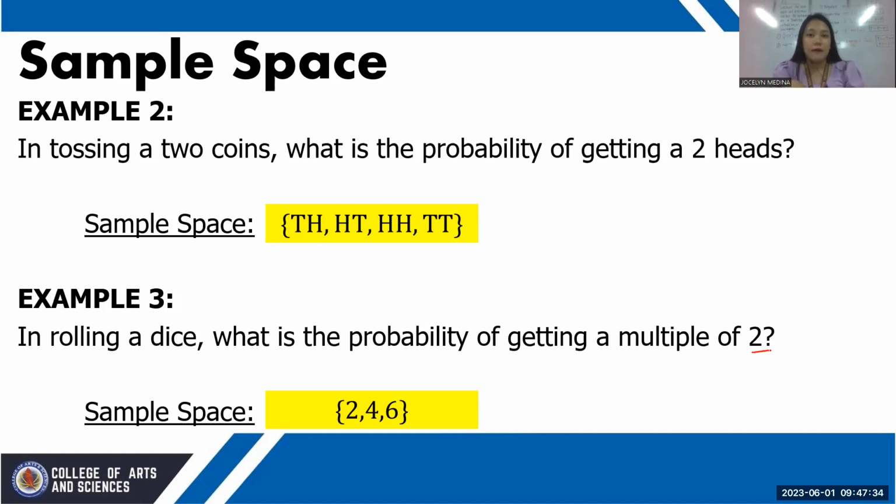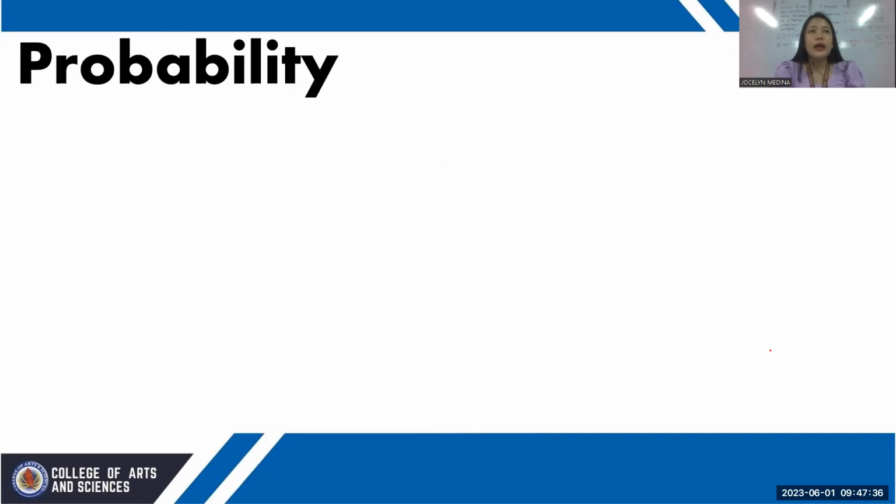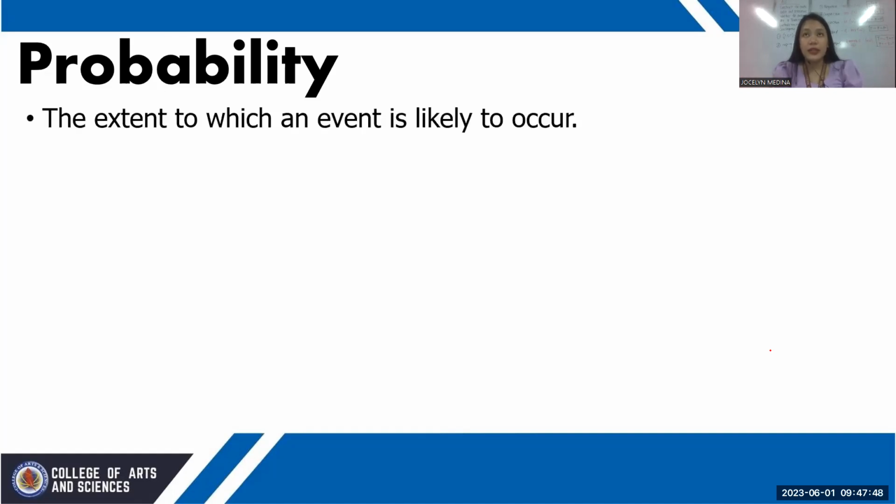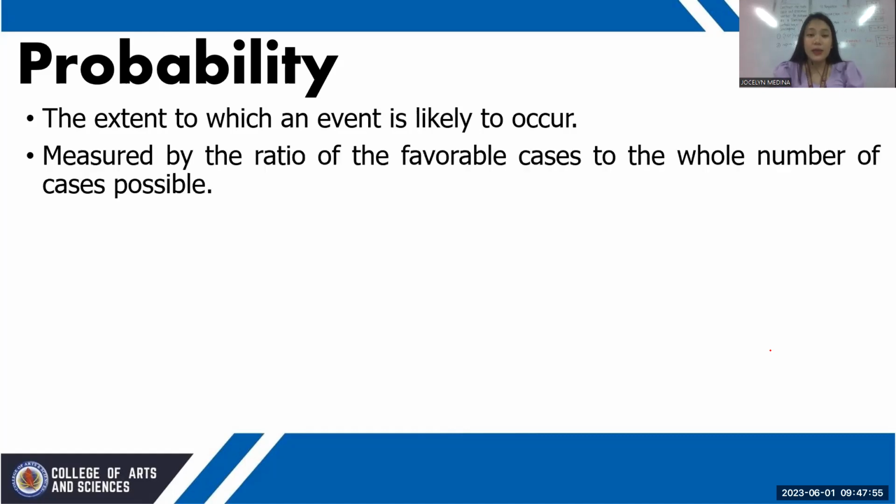Lahat ililista. Okay? Ngayon naman, if you have your sample space, of course, what's the use of a sample space? Ginagamit natin yan in getting probability. So when we talk about probability, this is the extent to which an event is likely to occur. Ibig sabihin, you are trying to get the ratio between your favorable cases and your sample space.